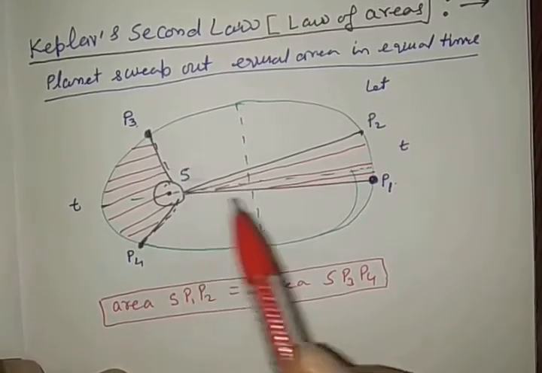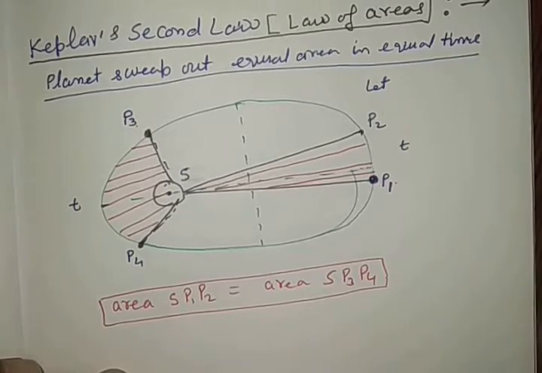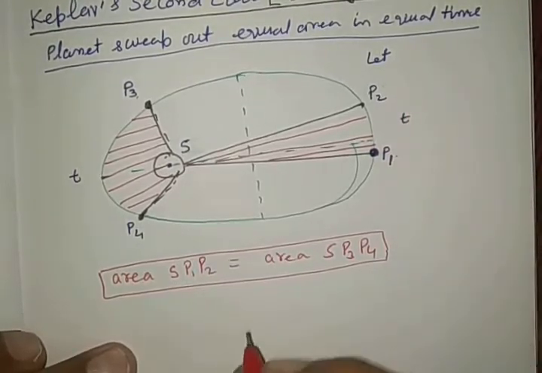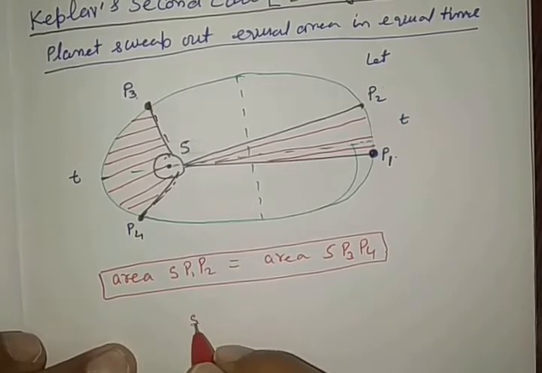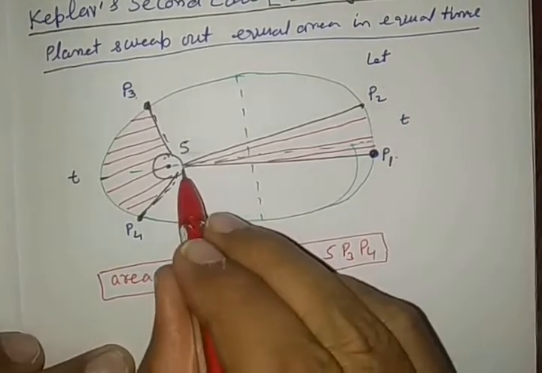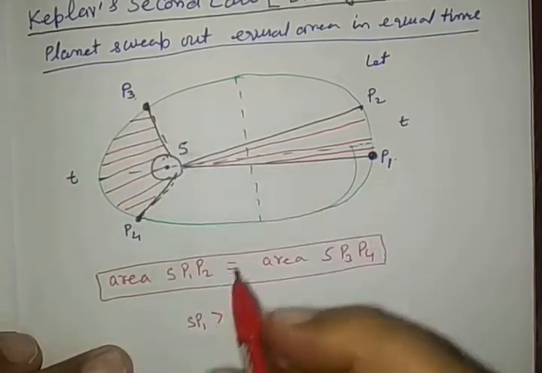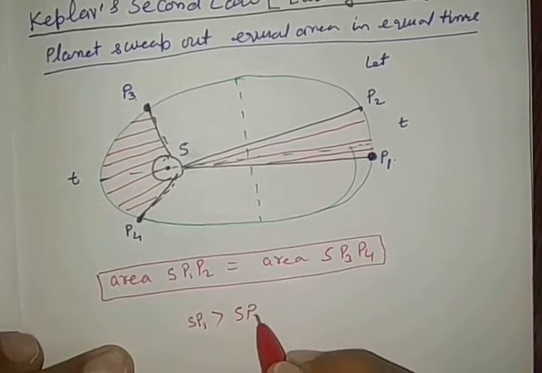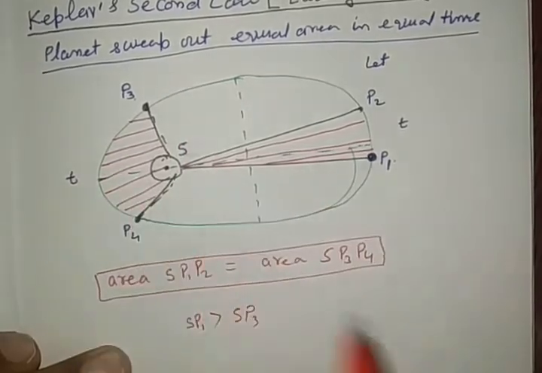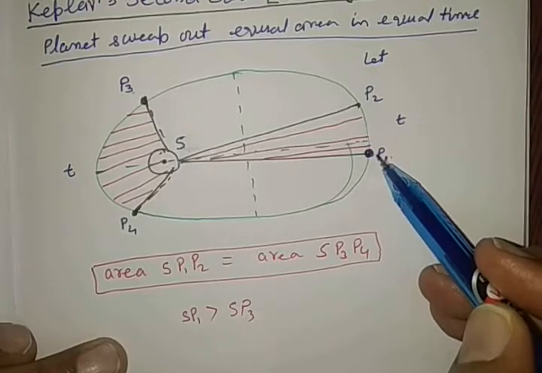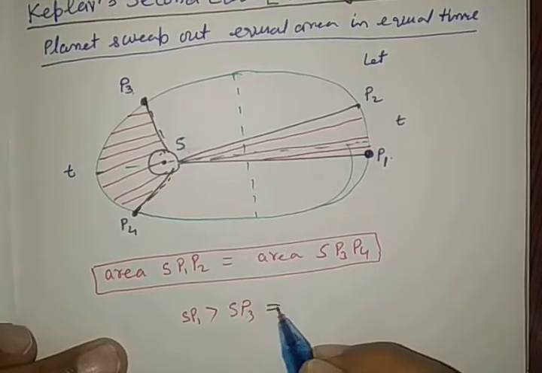Now see one of the important conclusions in this case. What is the important conclusion? SP1, see this distance, is greater than SP3. SP1 is greater, but see the distance P1 P2.